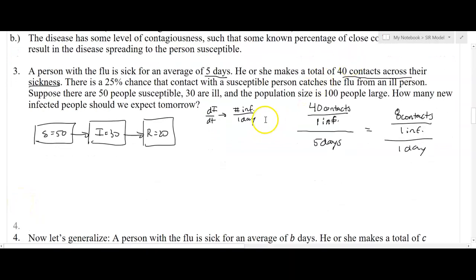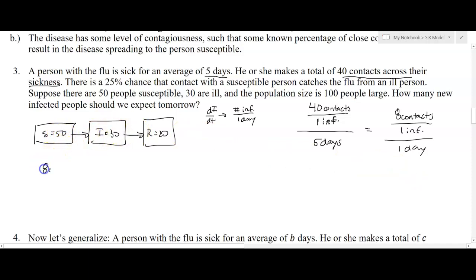And that's, again, just an average, but it's good enough. And now that we know that, not all those 8 contacts that each person is going to make is going to be with a susceptible person, right? Because only contacts that an infected person makes with a susceptible person can result in an infection. So if they make 8 contacts, we know that right now 50% of those contacts are going to be with a susceptible person.